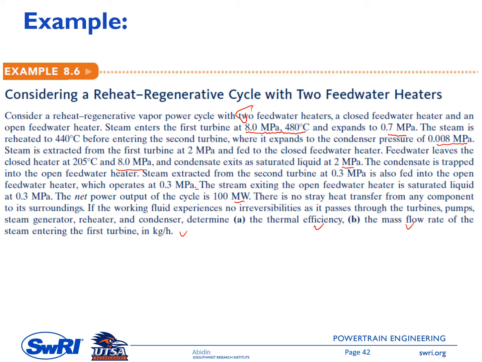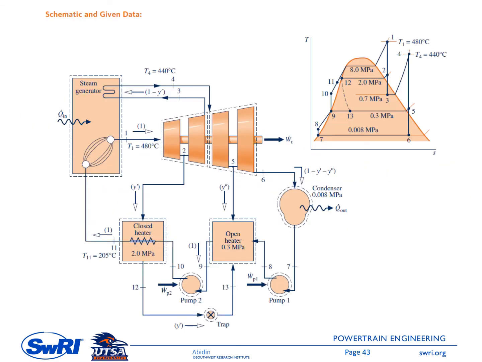Okay, let's take a look at the solution of this example. This is the schematic of the system, and the T-S diagram is on the right upper side of this slide. Step number 1 is the entrance of the turbine here. Temperature and pressure are given, and then you see there are several stages of the turbine.